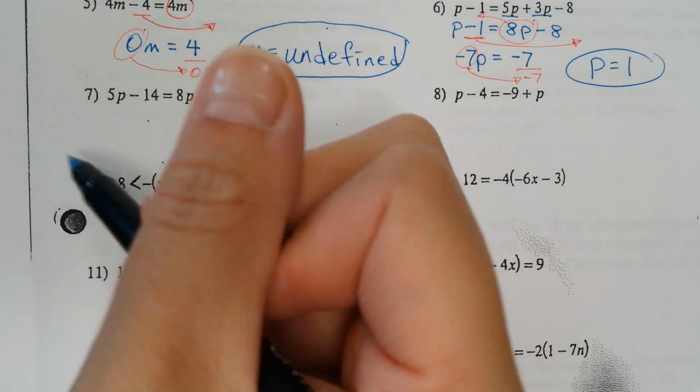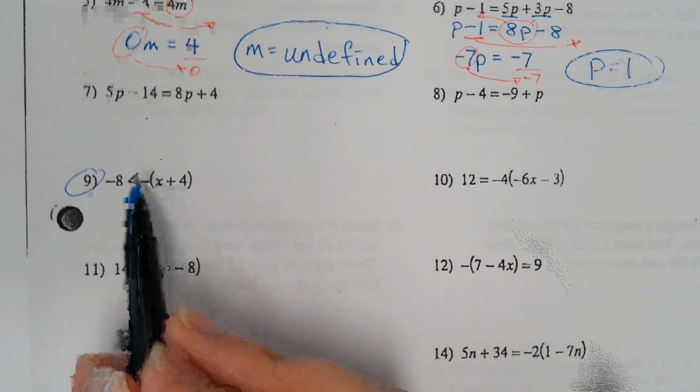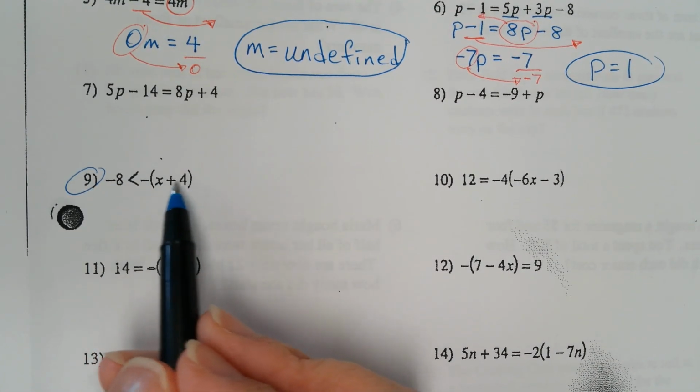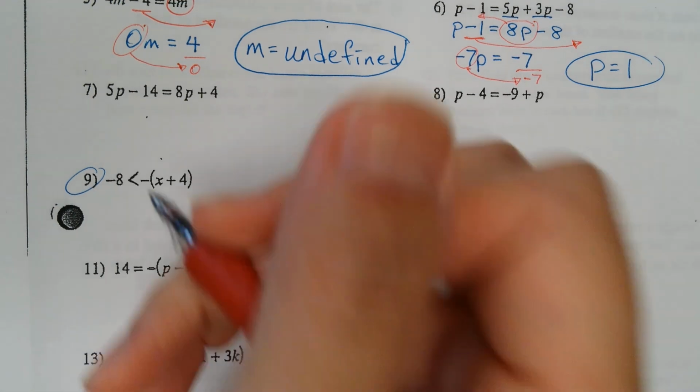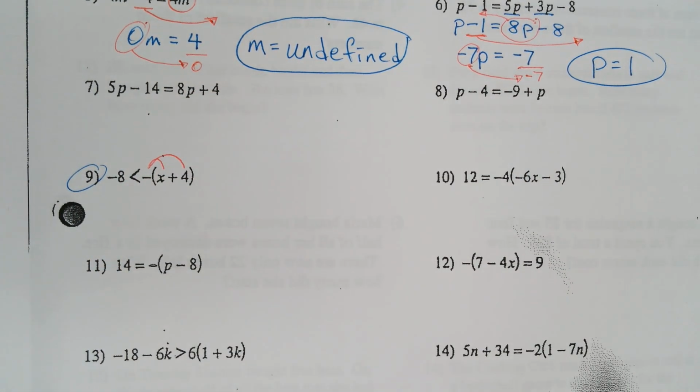Try this one. Number 9. Be careful with this negative sign outside the bracket. So, distribute.